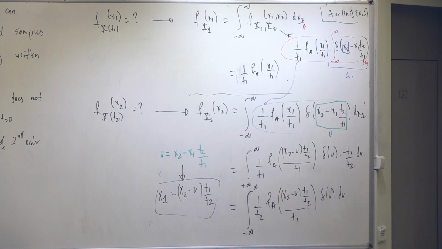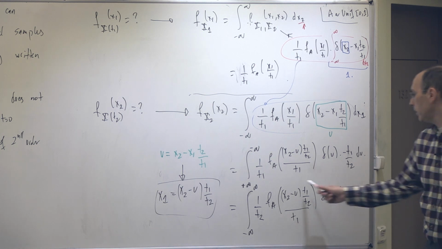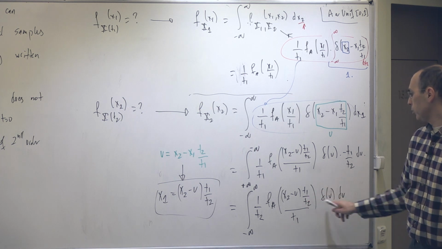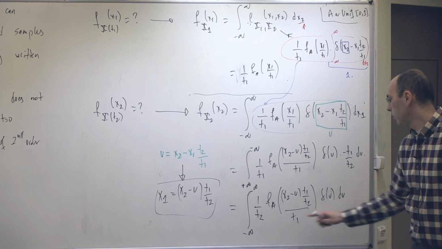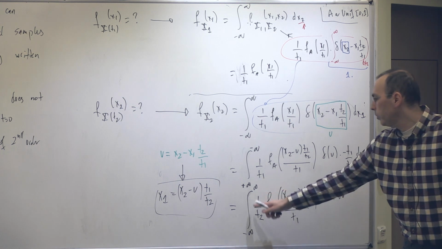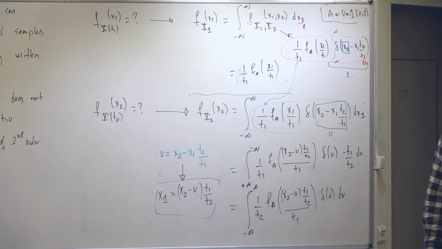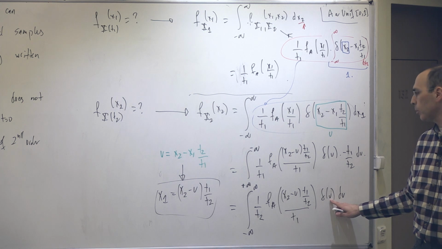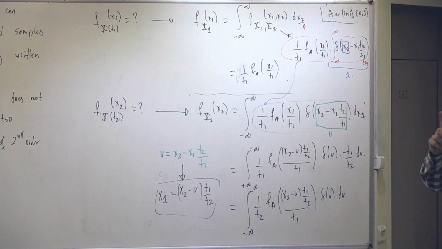Do you agree? Now, do you think this is an easy integral? Well, whatever it is, this will be equal to 0 almost everywhere. So when this u variable is taking the value of 0, this will be evaluated at 0, and that will be moving out of this integral. Otherwise, it's always 0. Do you think u can take the value of 0? It can, because 0 is in the integration interval.